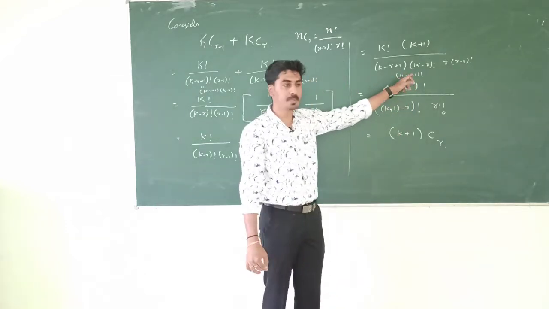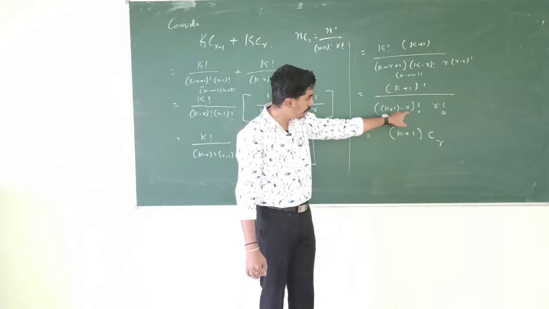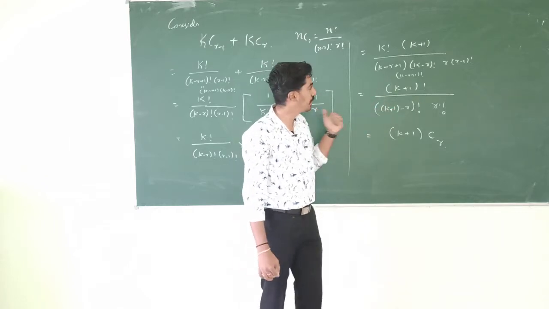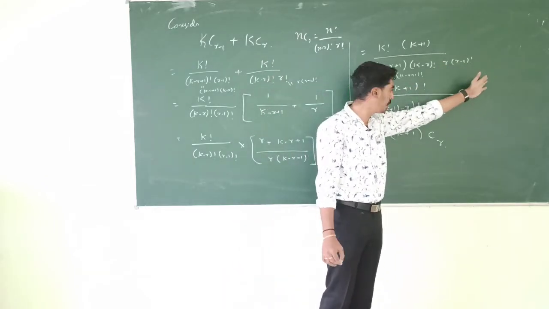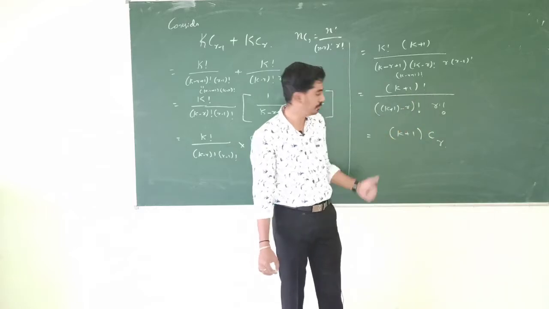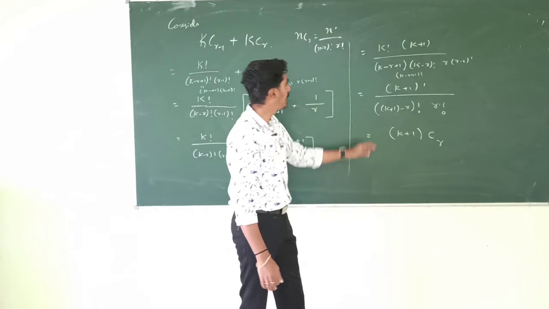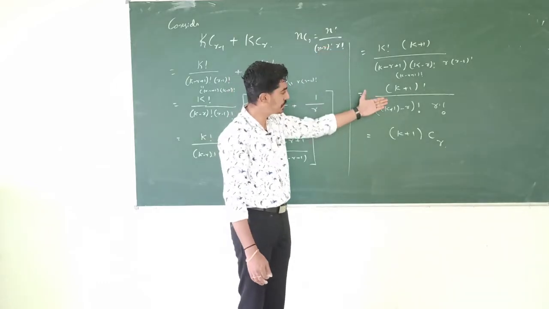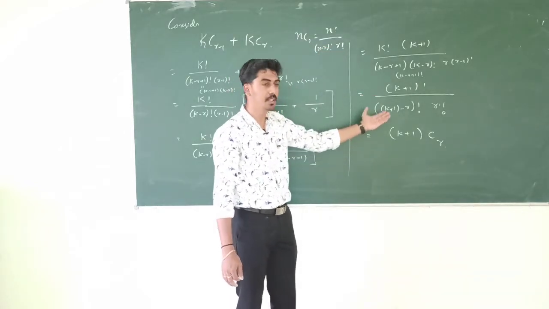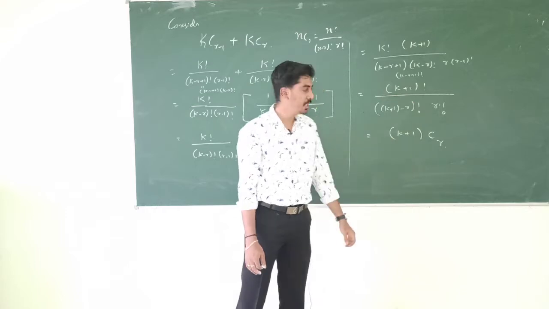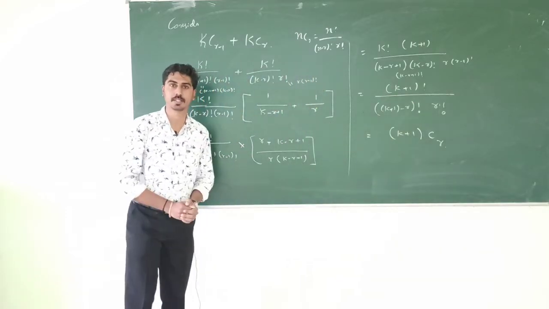I have rewritten this term as k plus 1 minus r factorial, and r into r minus 1 factorial is nothing but r factorial. If you observe this, by comparing with the formula, this is nothing but k plus 1 c r. So this proves the relation.